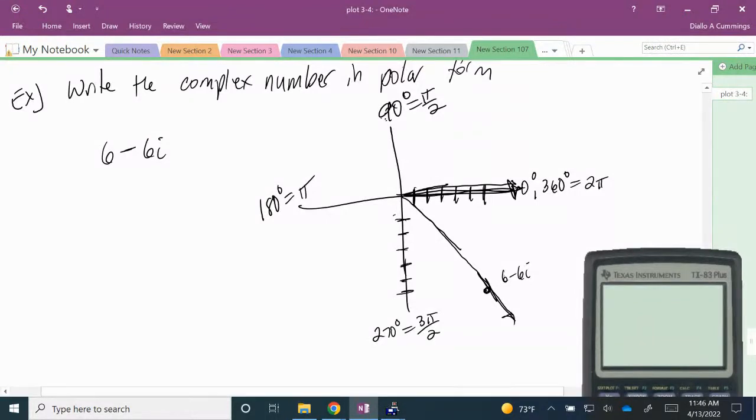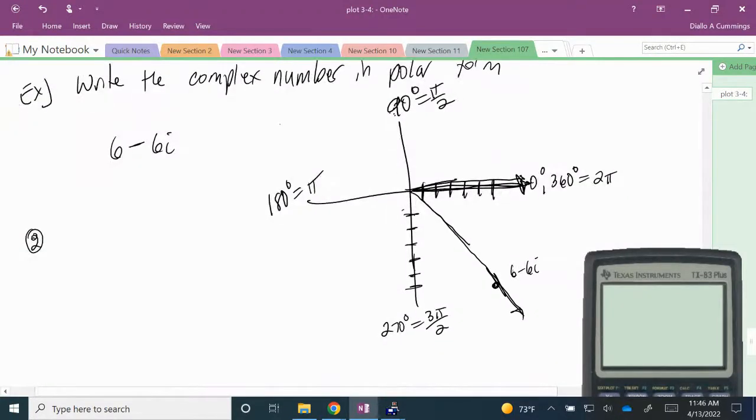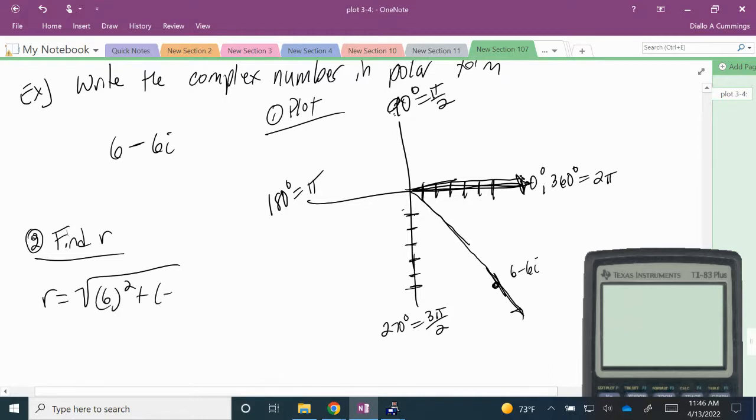So that's the first thing we did: we plotted. The second thing we're going to do is find R. From our formulas, R is equal to the square root of 6 squared plus negative 6 squared.